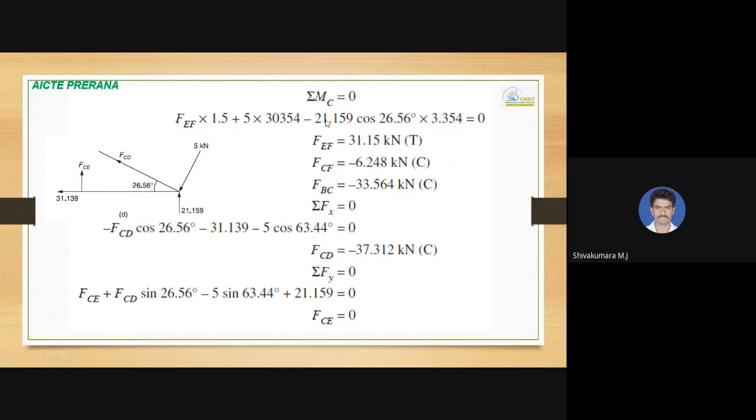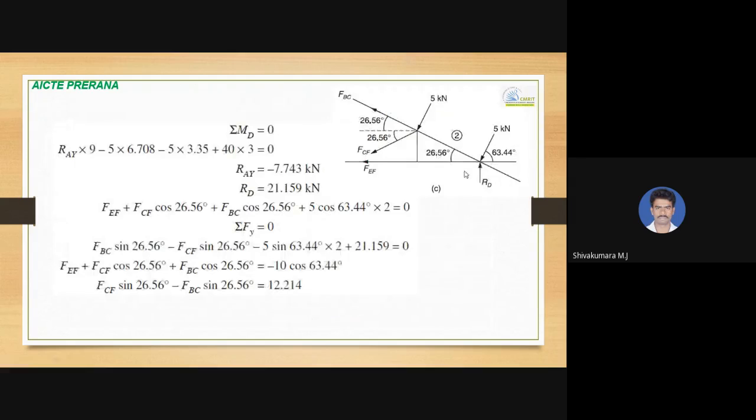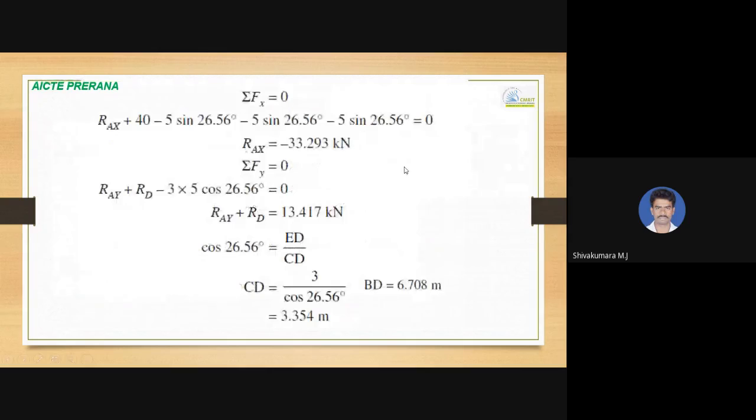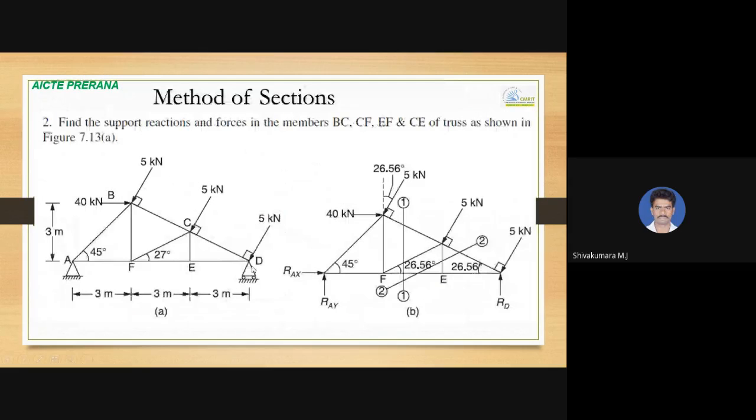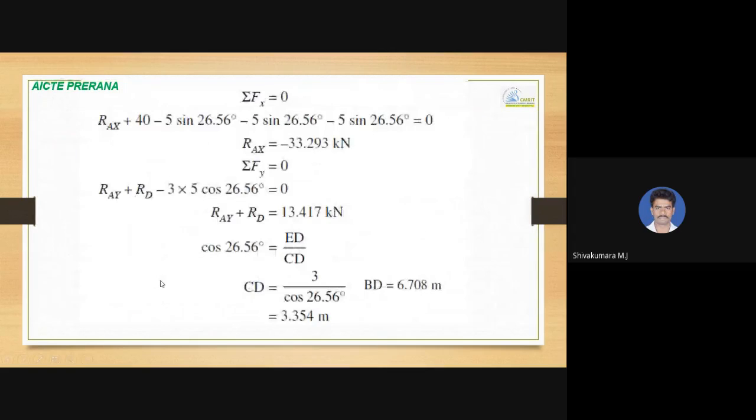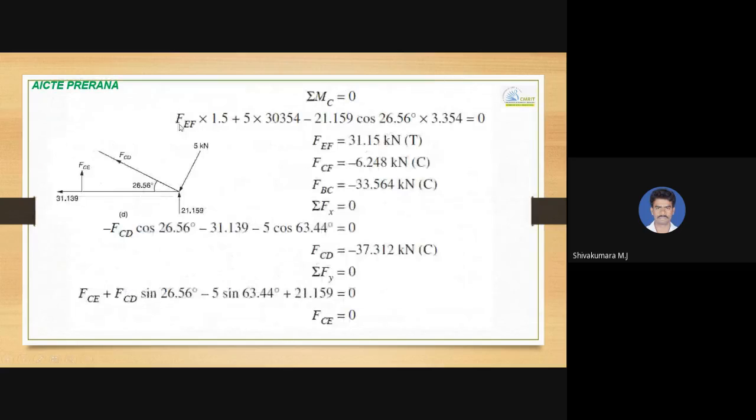Rather than this, you can directly multiply RD by its perpendicular distance, which you can see over here is 3. So RD into 3, directly you can multiply. If you do so, you are going to get the unknown force FEF as 31.15.